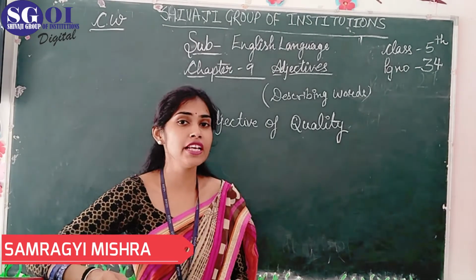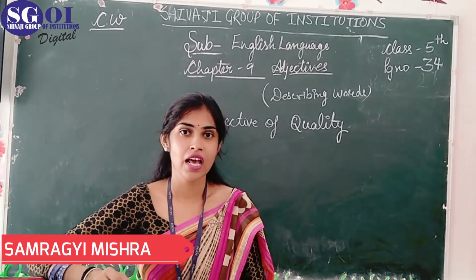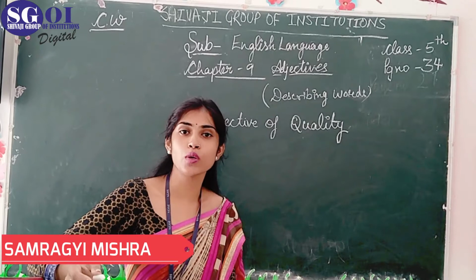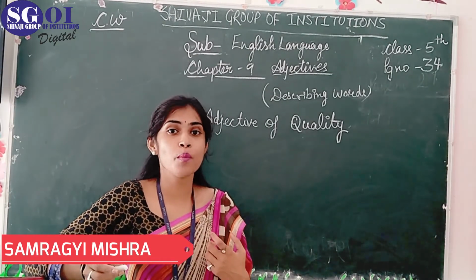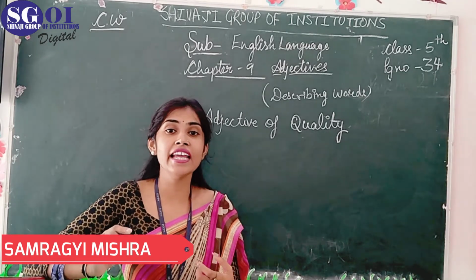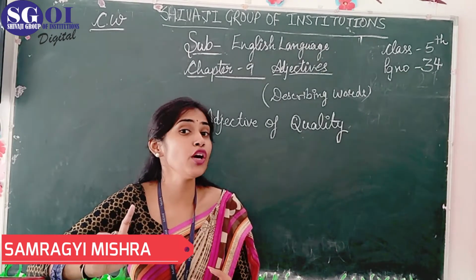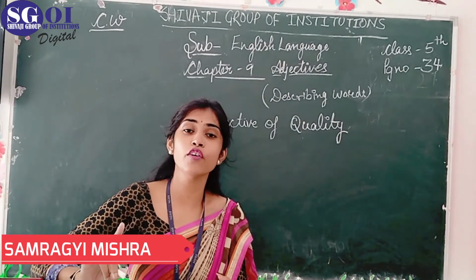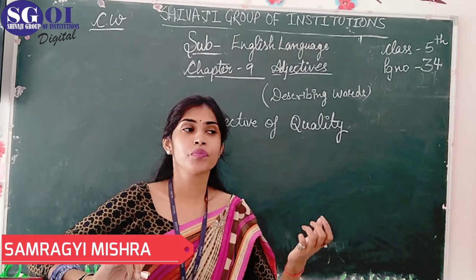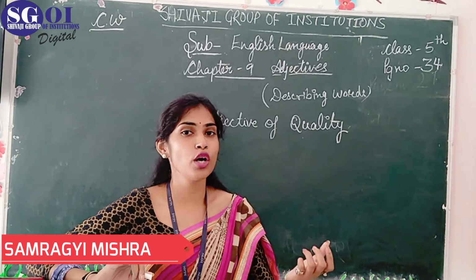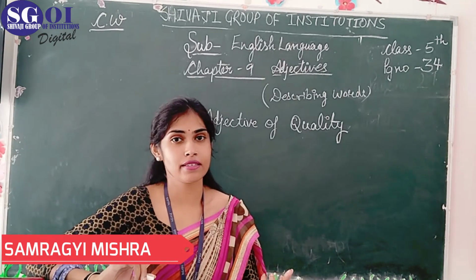The quality of the mountain is heavy. I have a soft couch. The quality of the couch is soft. Mother Teresa was a kind lady. The quality of the lady is kind. Ramesh is an honest boy. The quality of the boy is honest.